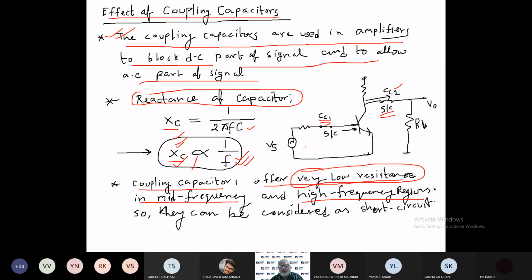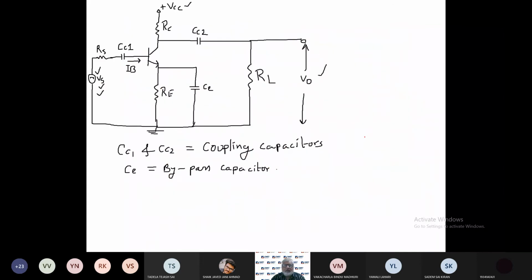Okay. Now the bypass capacitor, this is also shorted, because at high frequency and mid frequency range they offer very little resistance. This is also short. So RE is in parallel with a short circuit. So RE will be bypassed.